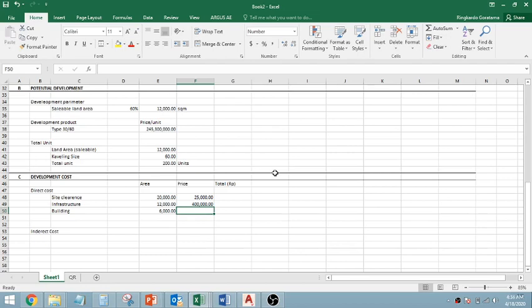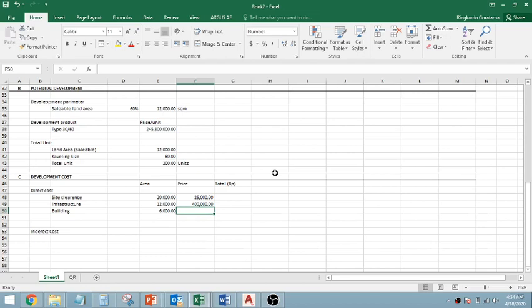For subsidized housing, it will be below 400,000 rupiah per square meter. For premium housing, it can be like 1.5 million, 2 million. It depends if the residential has a sport club, so the cost will be much higher.